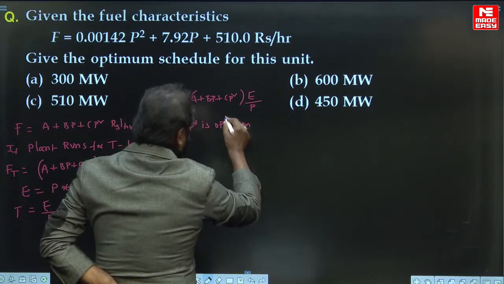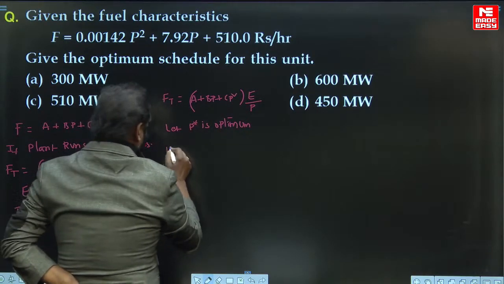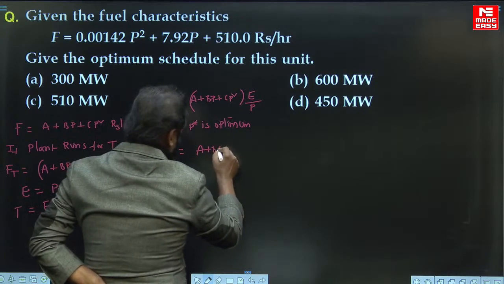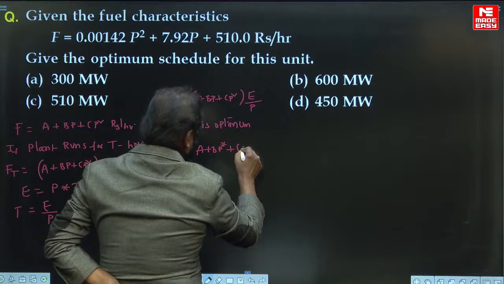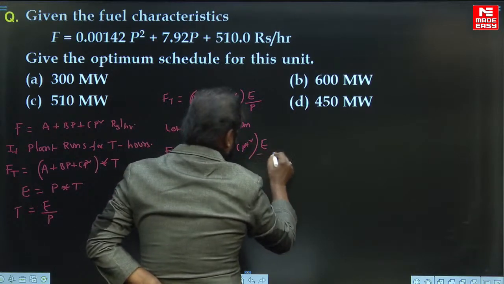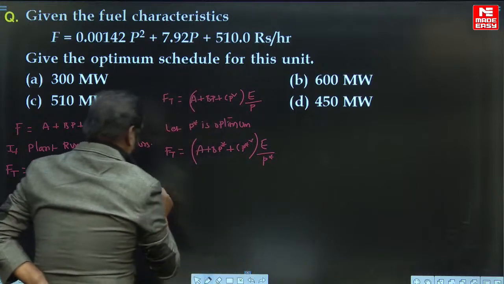Optimum scheduling, I said, P star is the optimum. Then FT equals A plus B P star plus C P star square, into E by P star.